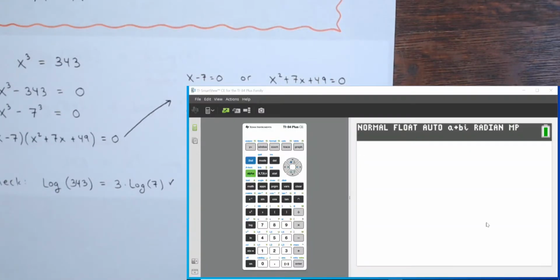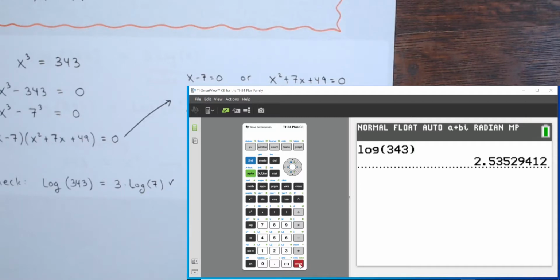I have a TI-84 Plus emulator here. Let's check: is the left side, the log base 10 of 343, which will be between 2 and 3, 2.535 something, equal to 3 times the log base 10 of 7?